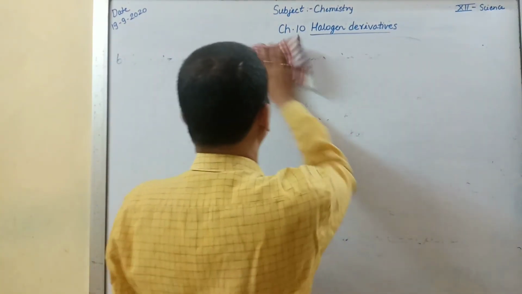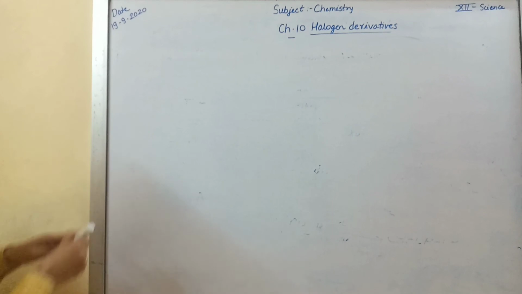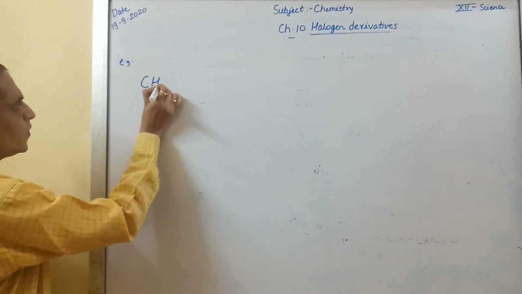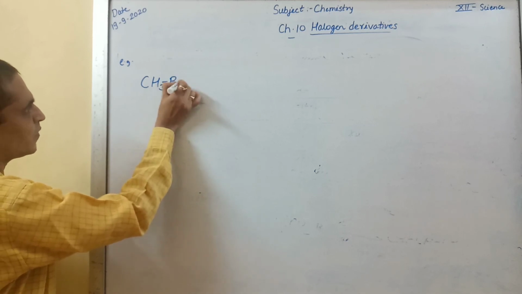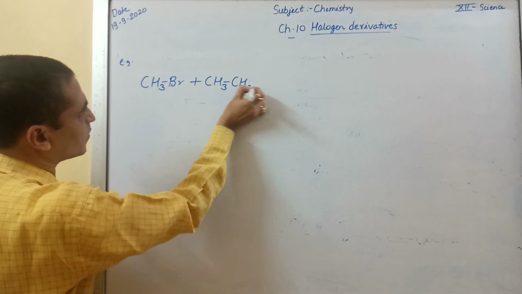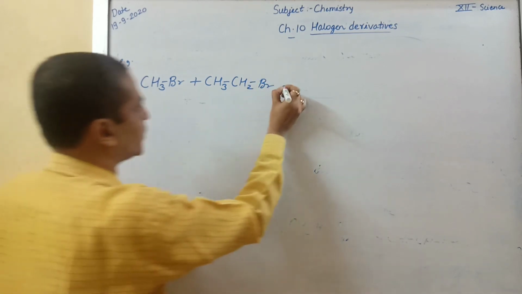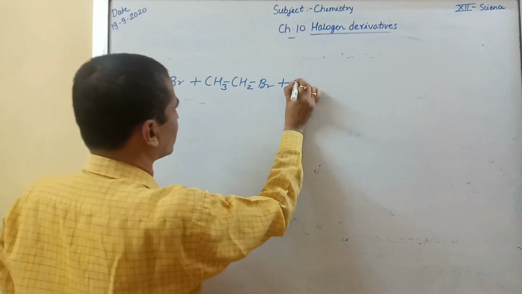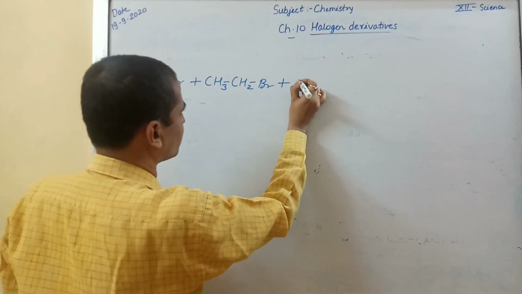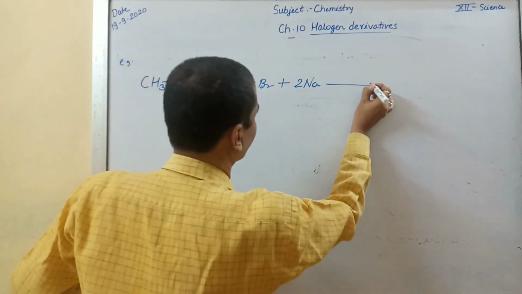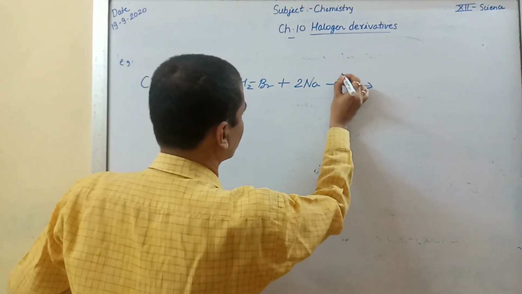Now we will study a different reaction, a different example. If you take CH3Br plus CH3CH2Br, then take any, we'll balance that afterwards, in dry ether.